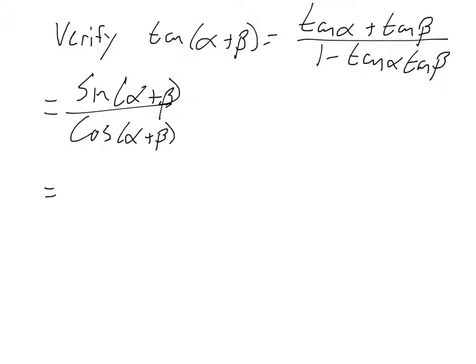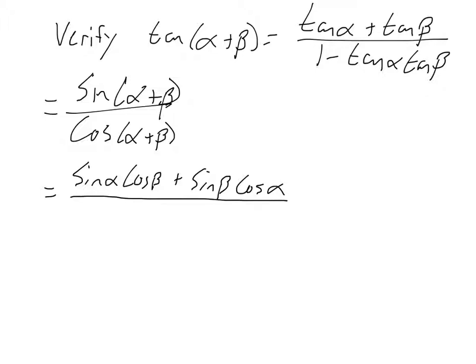And that is going to be, of course, expanded out to sine alpha cosine beta plus sine beta cosine alpha, all over cosine alpha cosine beta minus sine alpha sine beta.